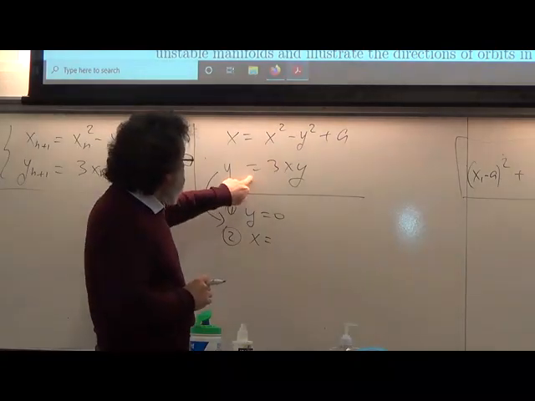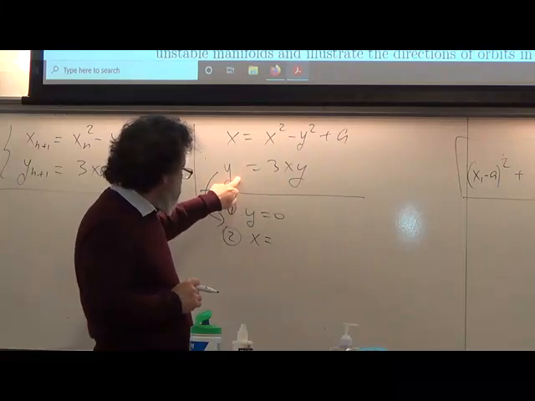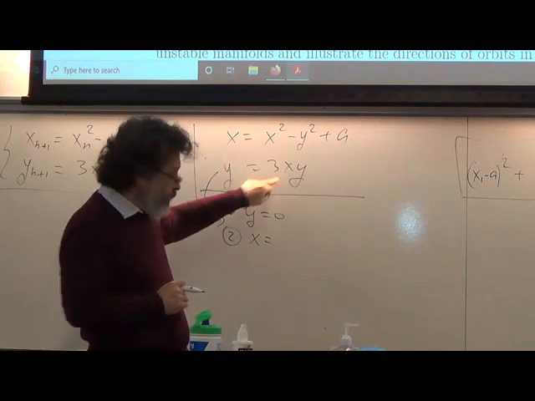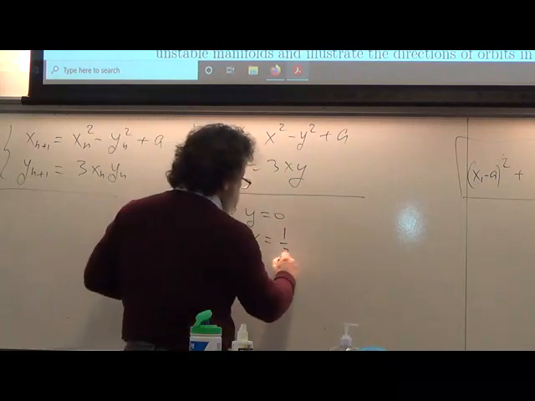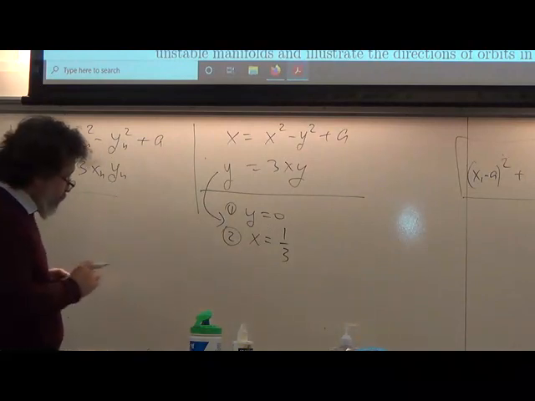If y is 0, this second equation is satisfied, 0 equals 0. If y is non-zero, then we can cancel it. It will be 1 equals 3x, which means that x is 1 over 3. So the second equation has two roots.